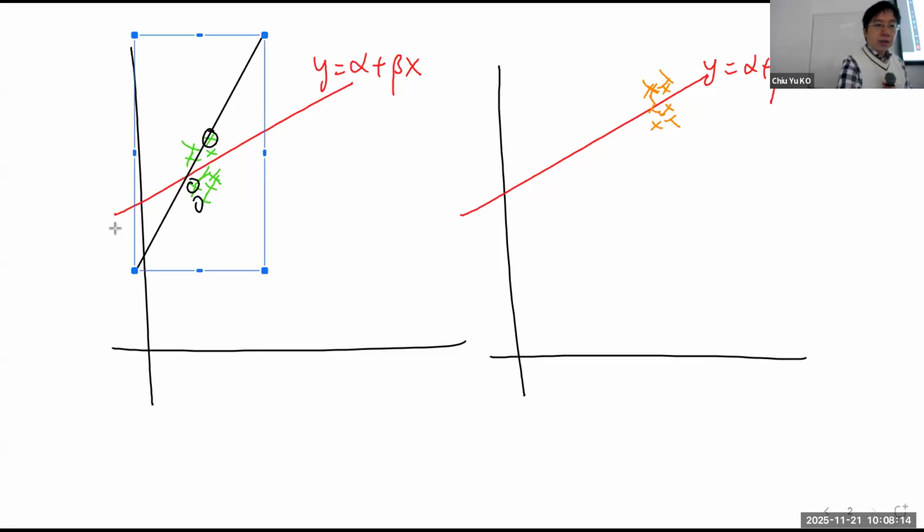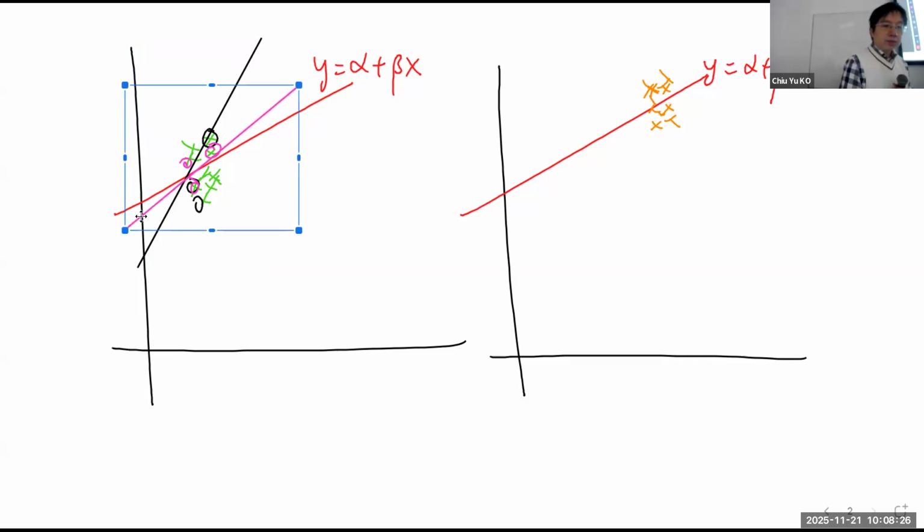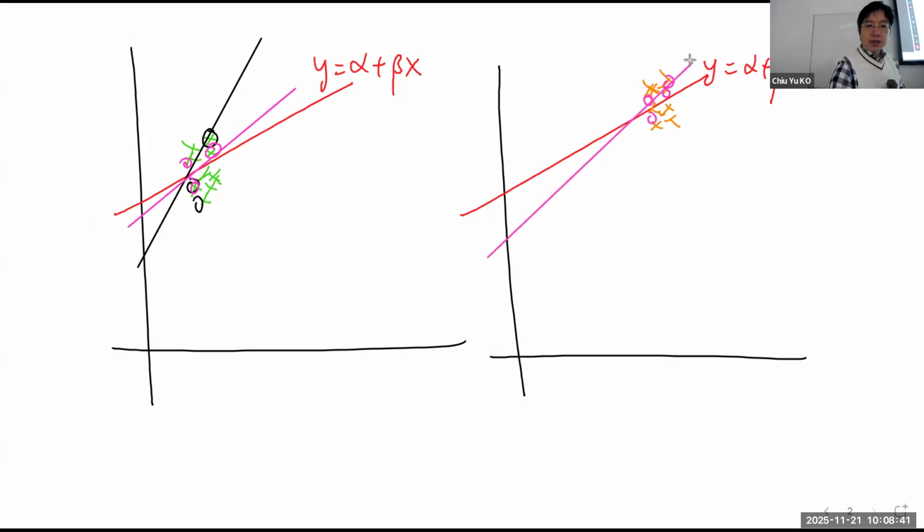Okay. And if the data is like this, okay, your line will be somewhere like that. What happened in the other case? If your data is here, right, your line will be somewhere here.